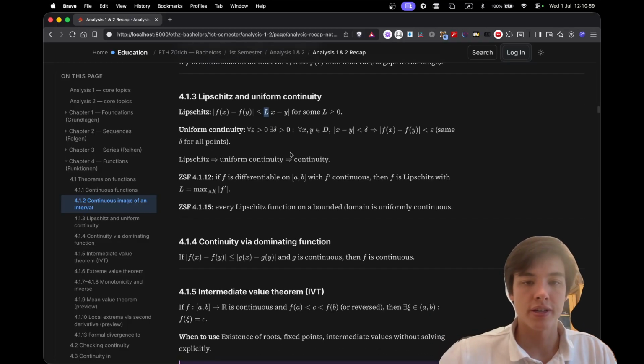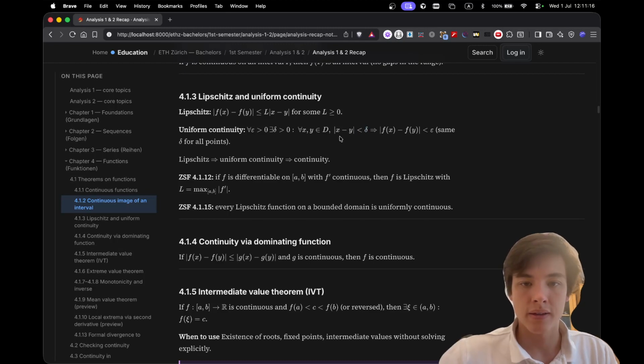Uniform continuity. So for all epsilons, there exists a delta, and for all x, y in D, |x - y| smaller than delta.